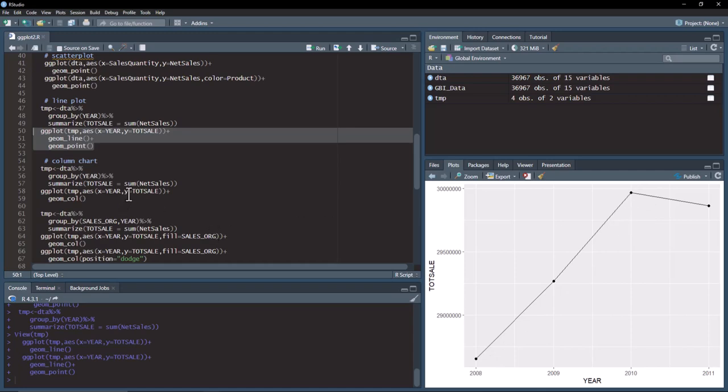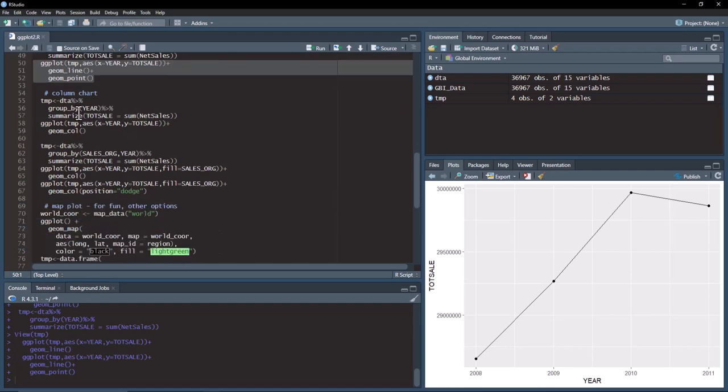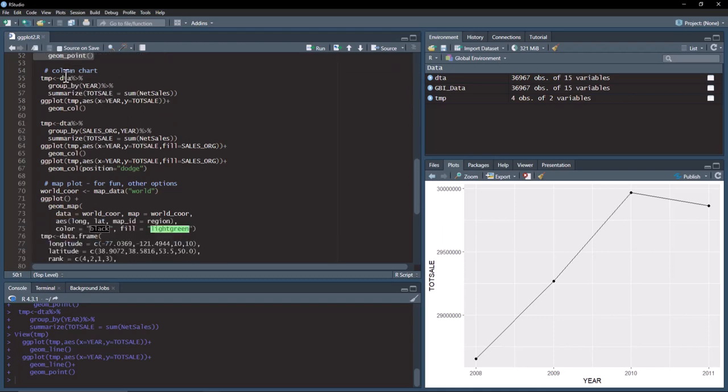Okay, we can do something similar using a different type of plot. So I have the same thing here, summarizing total sales by year. I just included it so you could see that I'm doing the same thing again. And instead of the line and point, I'm doing geom_col, and it's going to create a column graph.